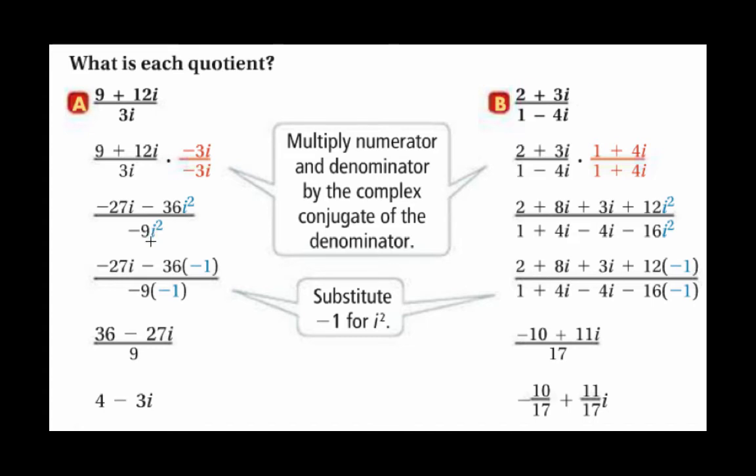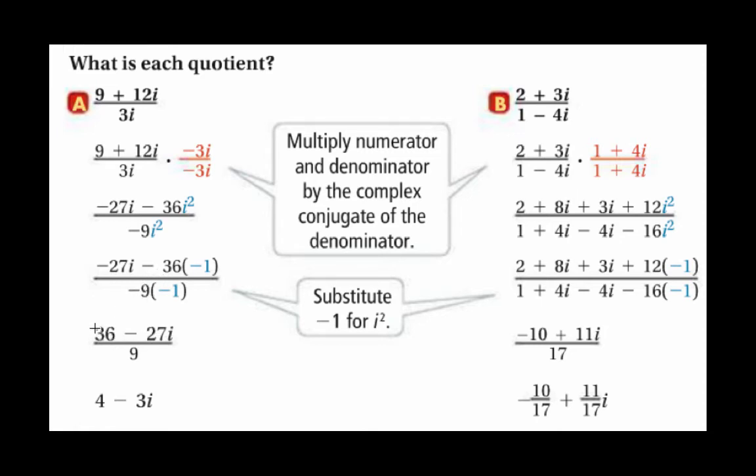We get the i squared in the denominator, so that negative 9i squared becomes negative 9 times negative 1, which becomes a positive 9. We also have an i squared in the numerator, so we switch that to negative 1, which will make this second term become a plus 36. So we're left with negative 27i plus 36 all over 9.